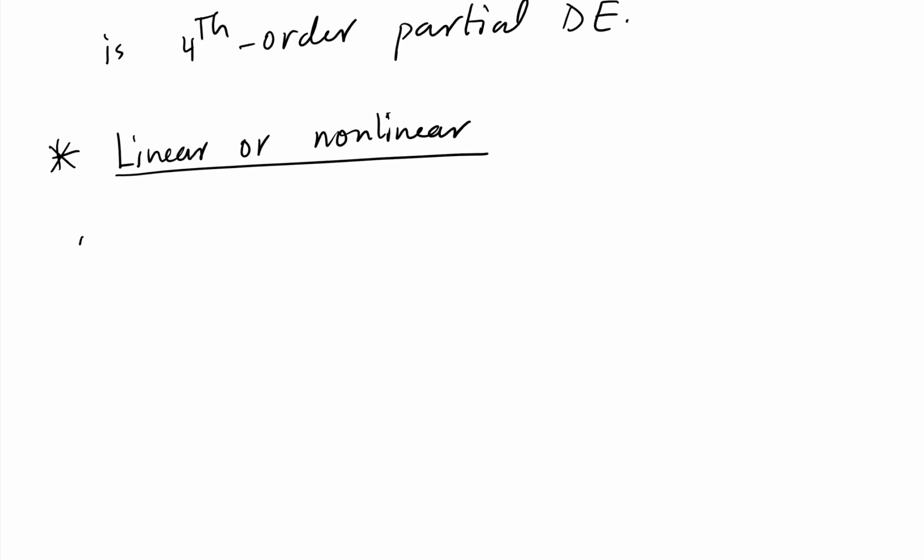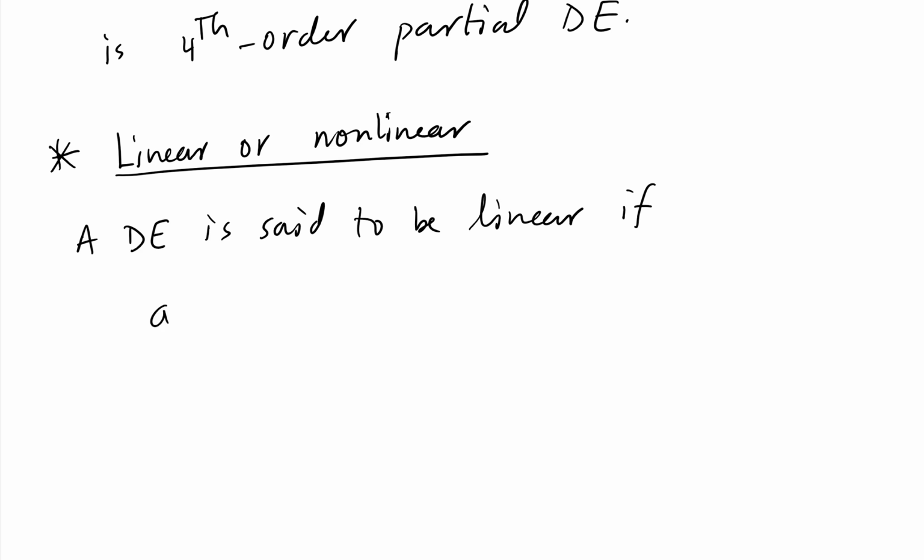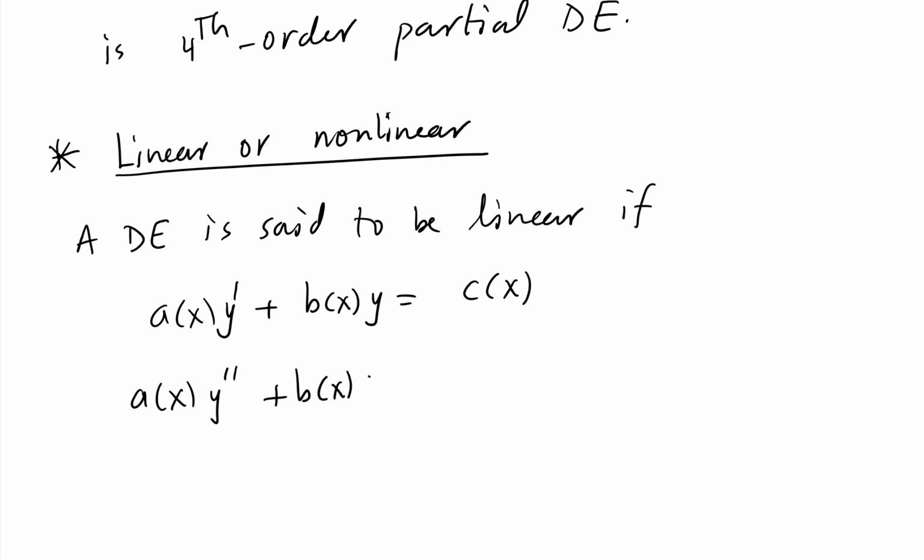A differential equation is said to be linear if it's written, let's say, a(x) y prime plus b(x) y equals c(x), or a(x) y double prime plus b(x) y prime plus c(x) y equals d(x).